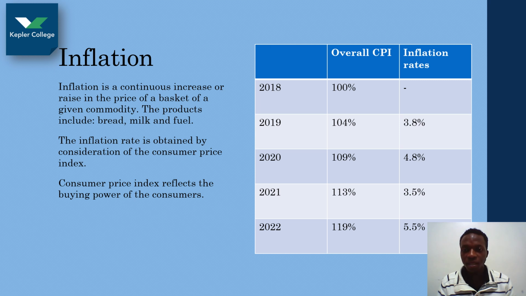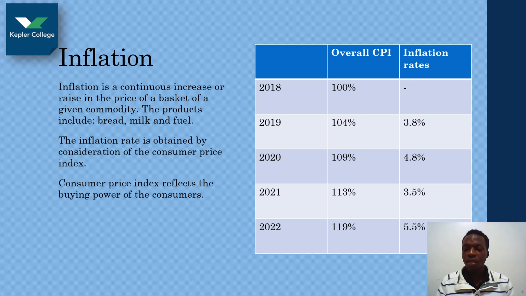That's why we consider it as 100%. And in the next year, the consumer price index, or the buying power of the consumers, has increased to 104%, which means that more consumers came, or the frequency with which different consumers buy it might have increased.